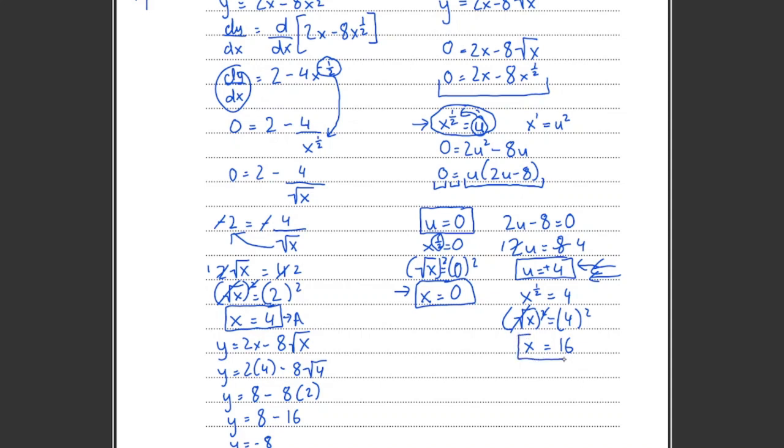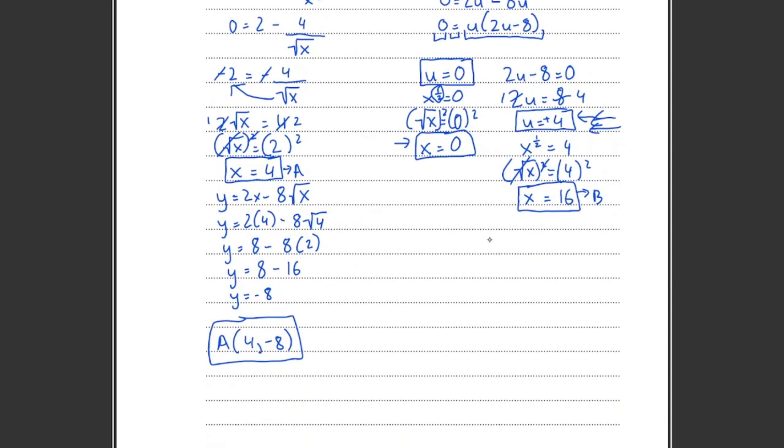So I just found the x coordinate of B, and now I'm going to find the y coordinate of B. I go back to my equation, which is y equals 2x minus 8 square root x, and we pop 16 in here. So 2 times 16 minus 8 times 4.